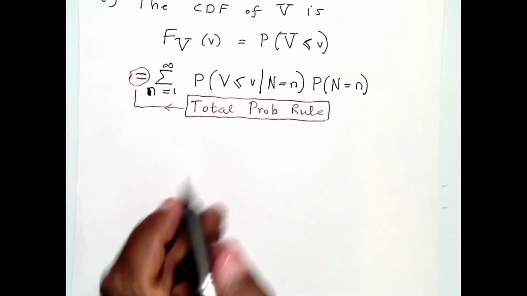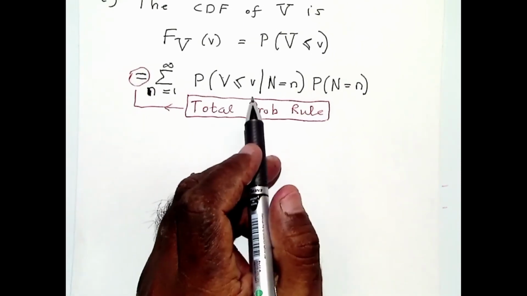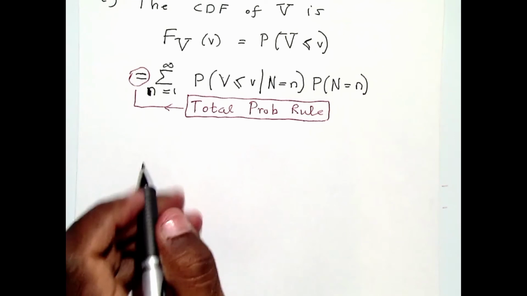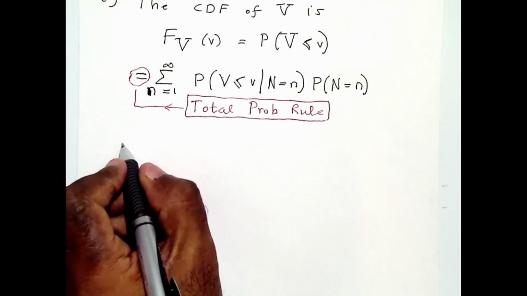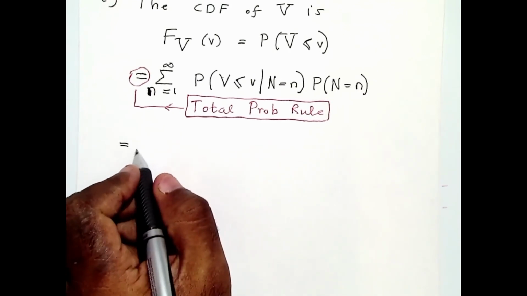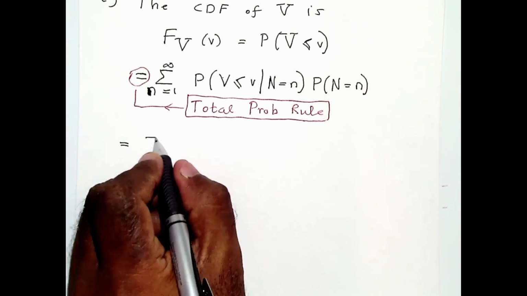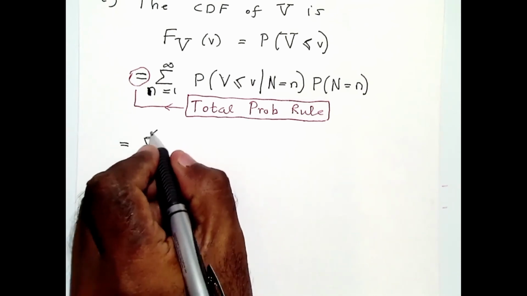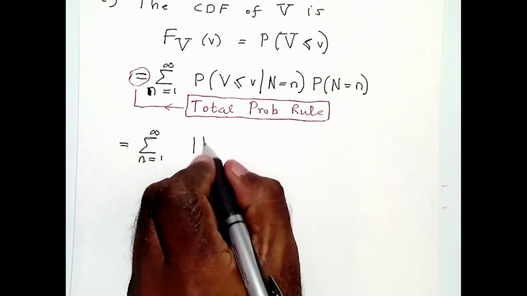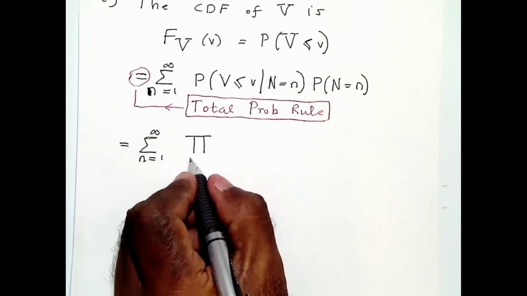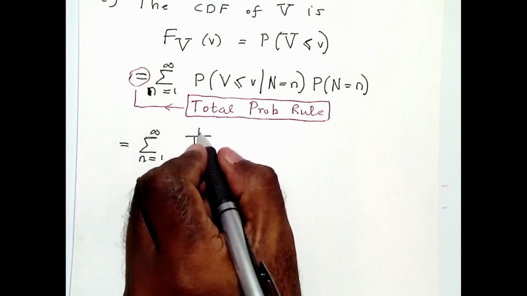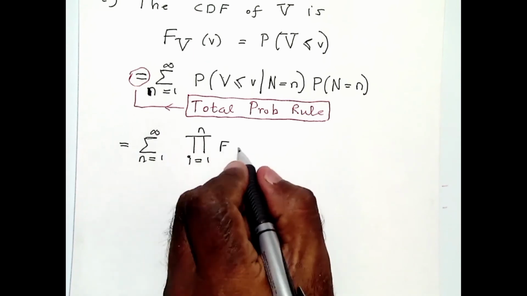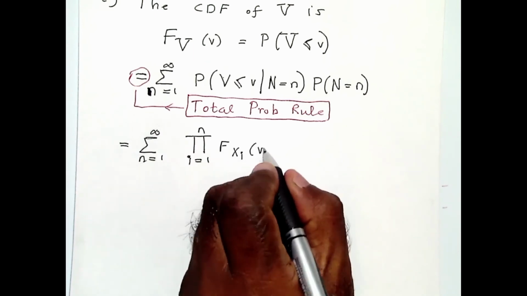Now, in the next step, I'm going to replace the conditional probability by the result that we got in case 3. If you recall, this is the result that we got in case 3.